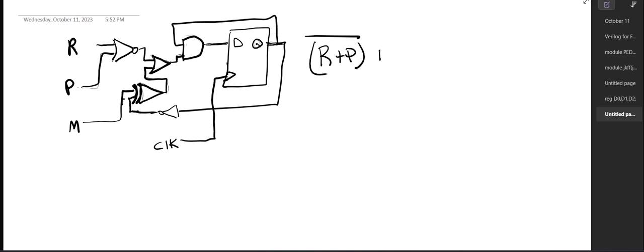And then that is ORed with this exclusive OR right here, the exclusive OR of M and not Q. So those two things are ORed together.